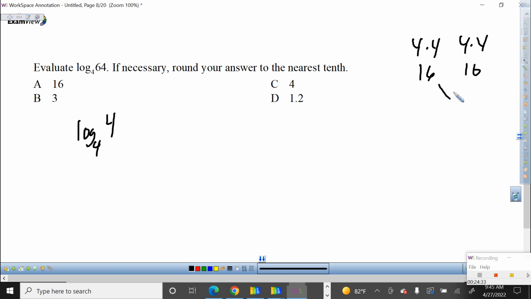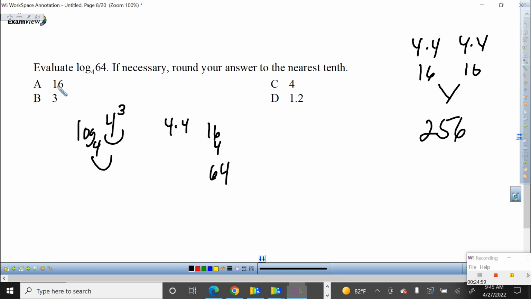So that's 4 of them. 16 times 16 is 256. 4 to the what, Umberto? To the third, that is correct. 4 times 4 is 16. Times 4, that's 64. Therefore, correct answer is B.